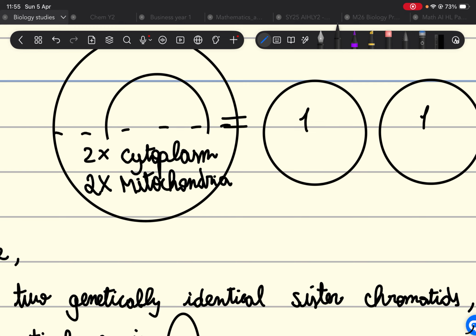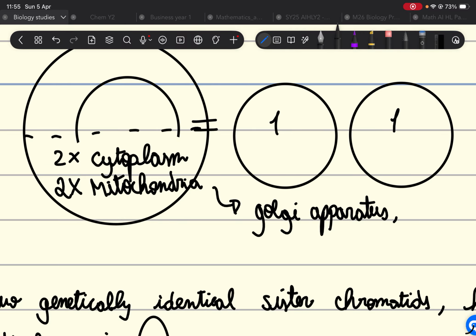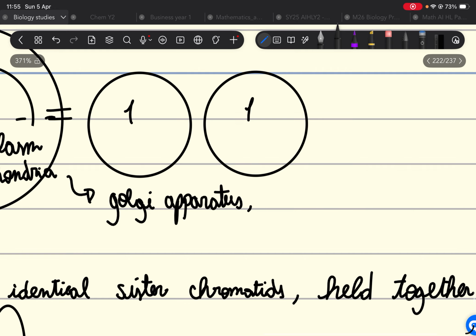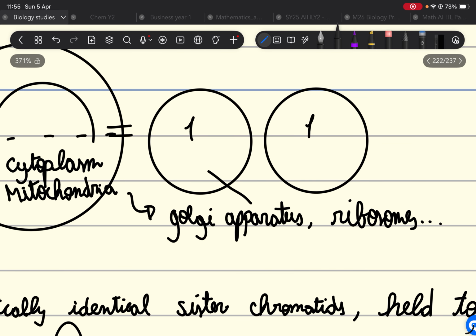So we're making mitochondria, the Golgi apparatus, which is when proteins are released to the outside in vesicles, the ribosomes, and etc., right? We're making all of that again. So everything can have one amount of Golgi apparatus, another amount of Golgi apparatus, one amount of ribosomes, and another amount of ribosomes.